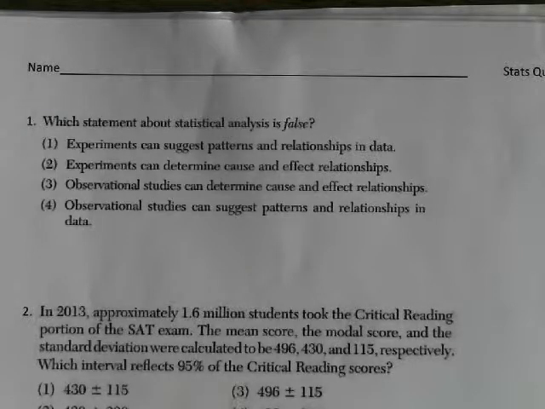There's a classic example about kids that graduate in the top 10% of their class and their mother's level of education. Now, just because people's moms went to college doesn't necessarily mean that you're going to be in the top 10%, but there's a very strong correlation there.